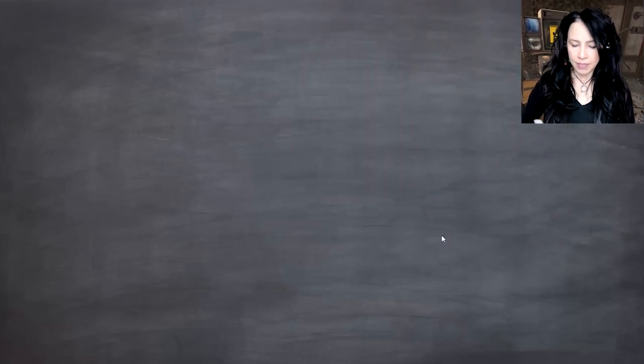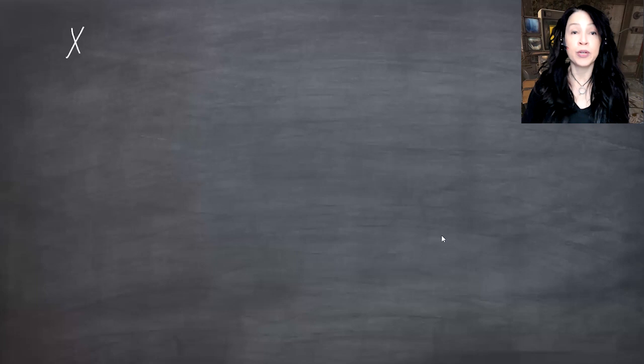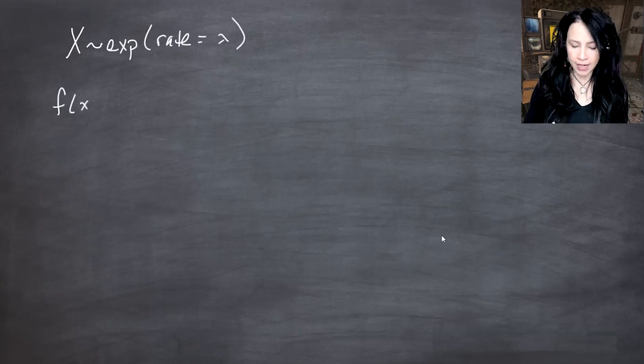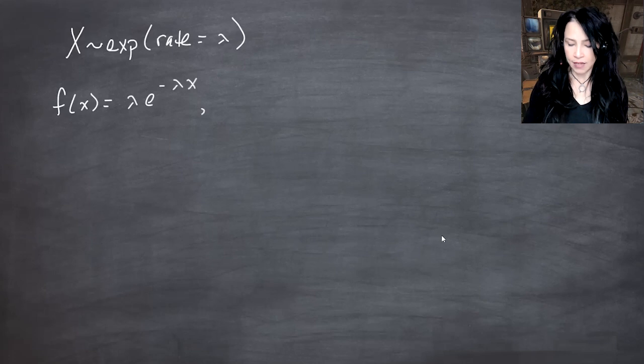But first, there are two claims I want to get out of the way. I guess right before that, I wanted to talk about the relationships between the exponential and gamma distributions. So if we have X exponential with rate lambda, then we know that the PDF is lambda e to the minus lambda x for x greater than or equal to 0.